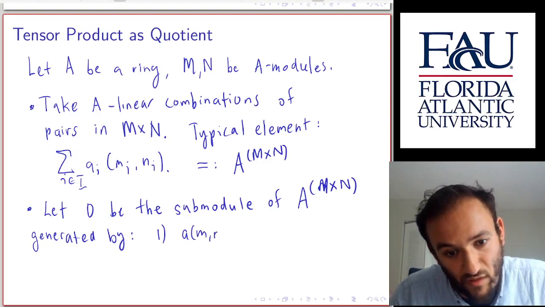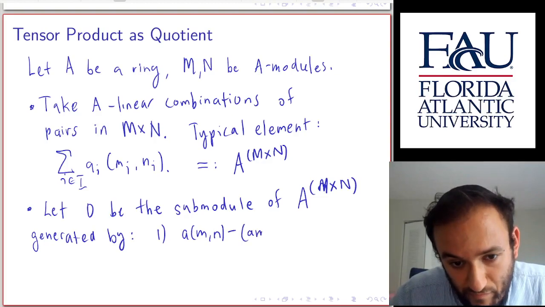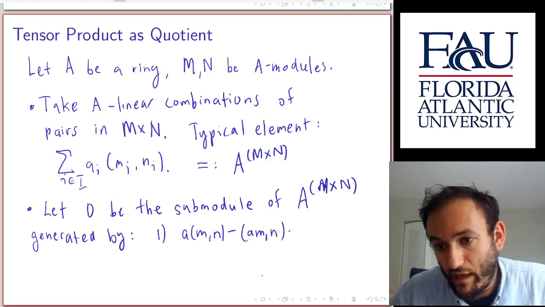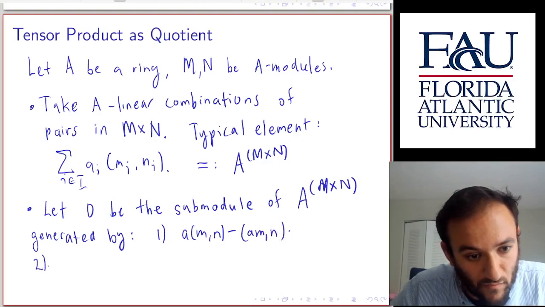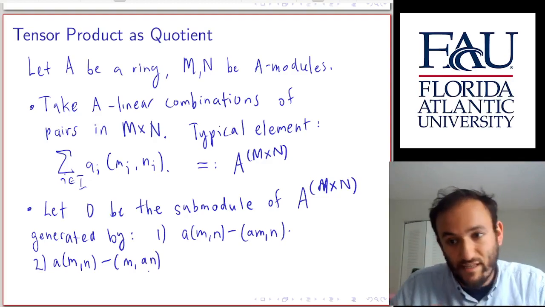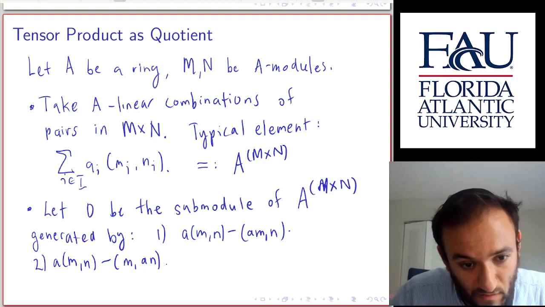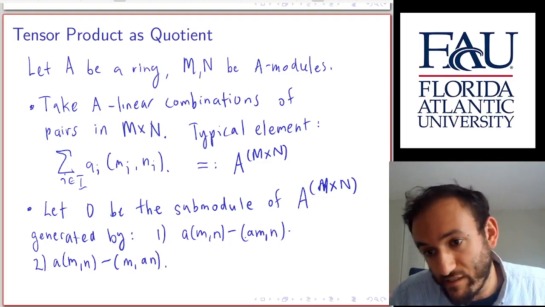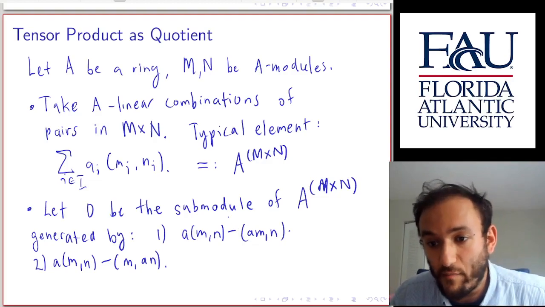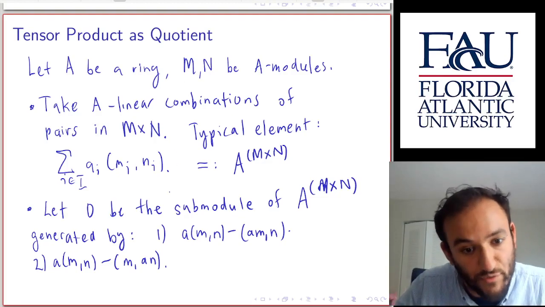Just make it a(m, n) set equal to (am, n). Similarly, the same relation will hold by passing into the second factor. Right? So now we're saying that you can scale in either one of the two factors, and it will amount to the same thing. And the reason I'm denoting this as differences is because once we quotient out by this submodule, these two elements will be considered equal, since their difference is in the submodule.